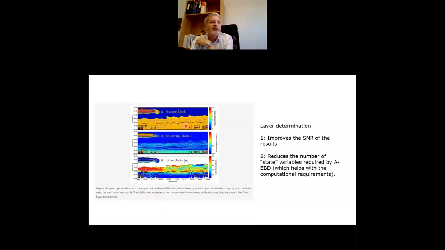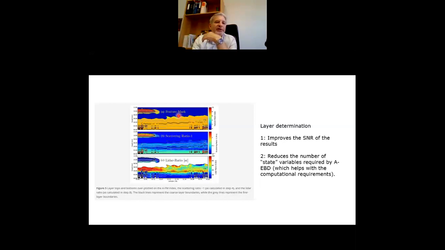So I'm zooming in on a section of that scene from before, where we use a combination of the feature mask levels to break things up vertically.